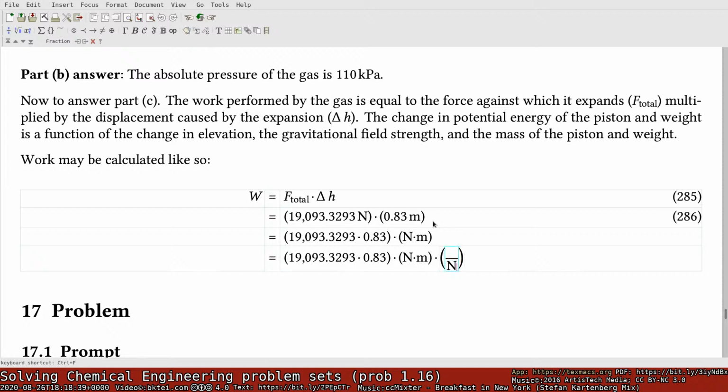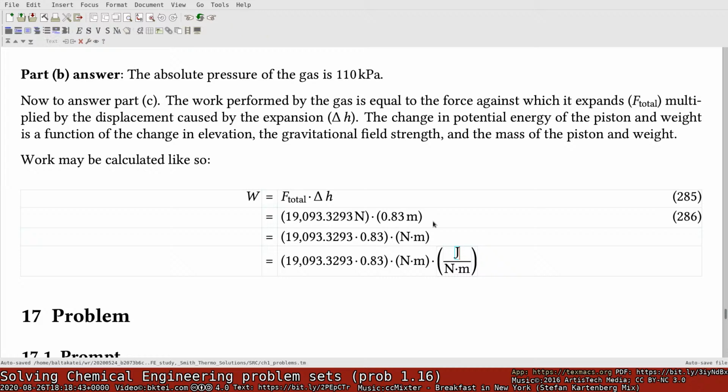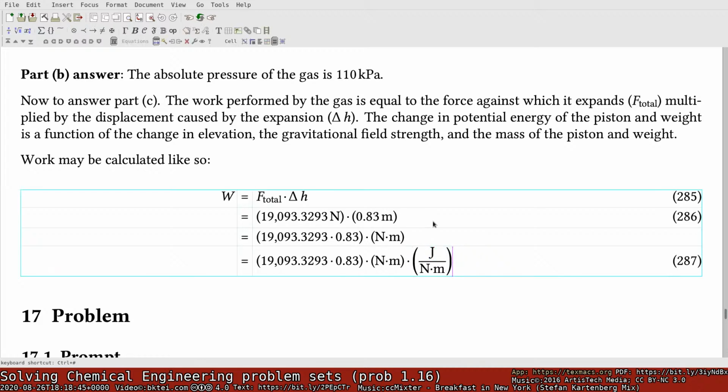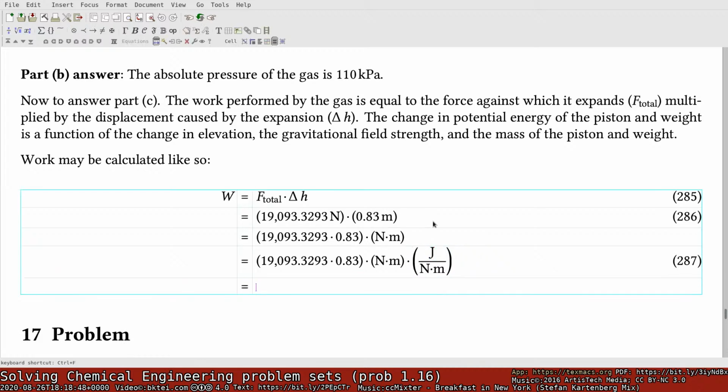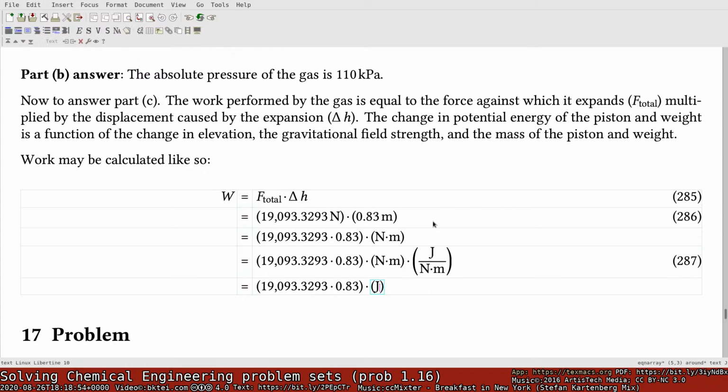So for every newton meter, you get a joule. So equal that number times joules.